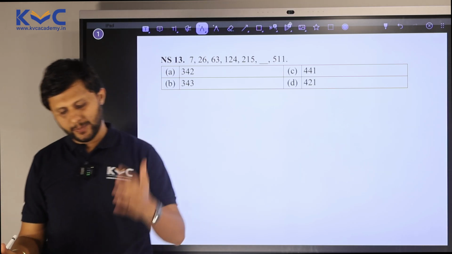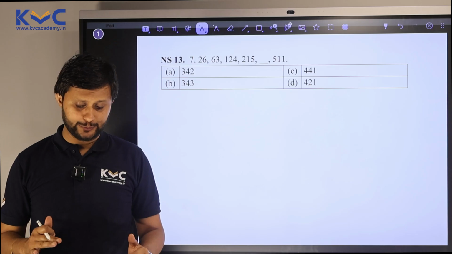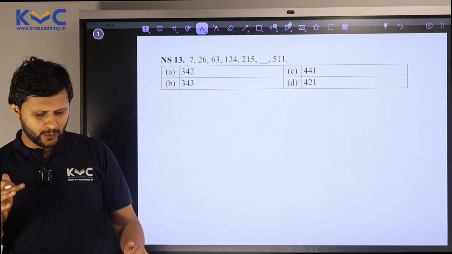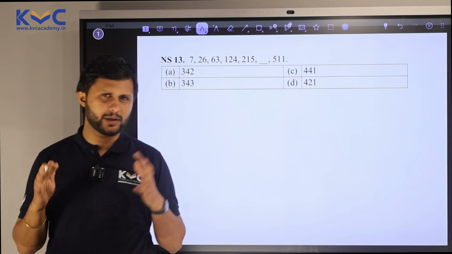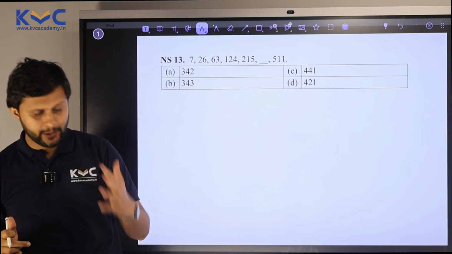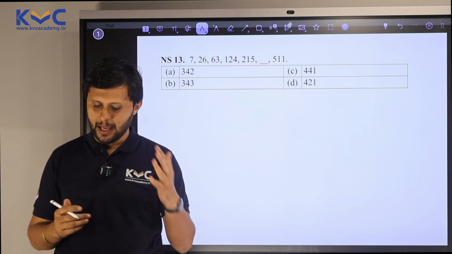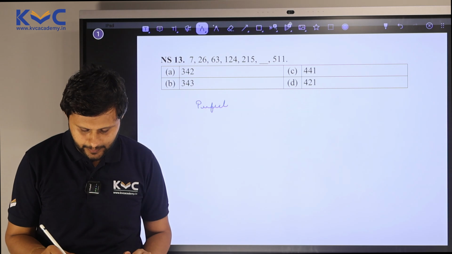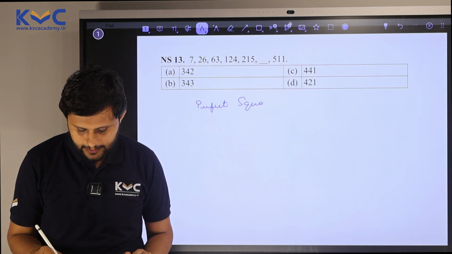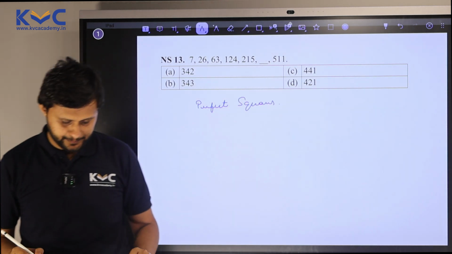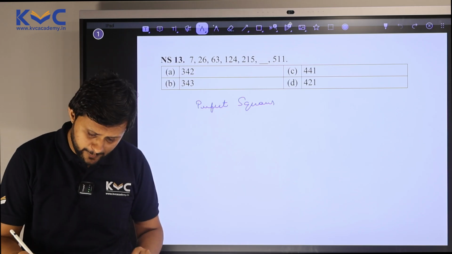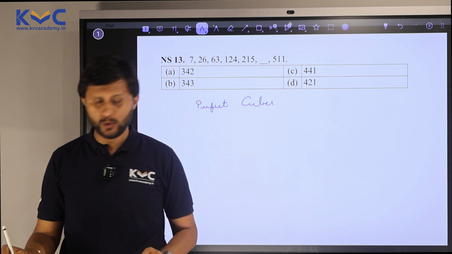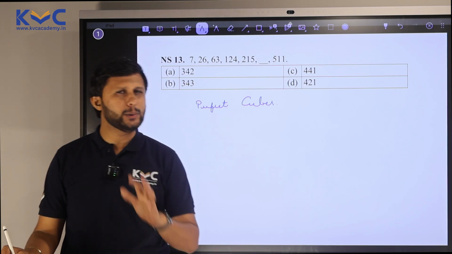So we have 7, 26, 63, 124, 215 and 511. So when I see 511, this looks like a number close to a number which we are comfortable with. There is 124, a number which we are comfortable with. I am talking about perfect squares. So what are the perfect squares? In fact, they are perfect cubes, not perfect squares. What are the perfect cubes now? We have 2 cube which is equal to 8.